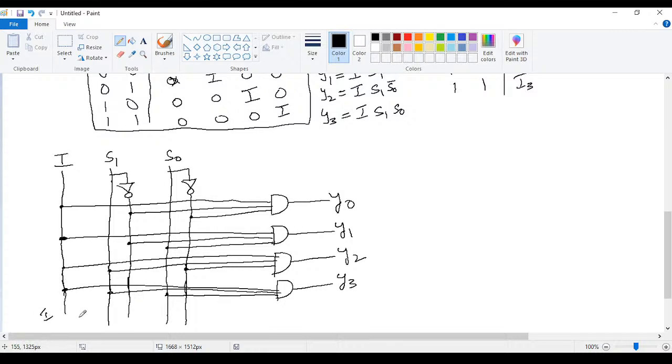So this is I, this is S1, this is S1 bar, this is S0, and this is S0 bar.